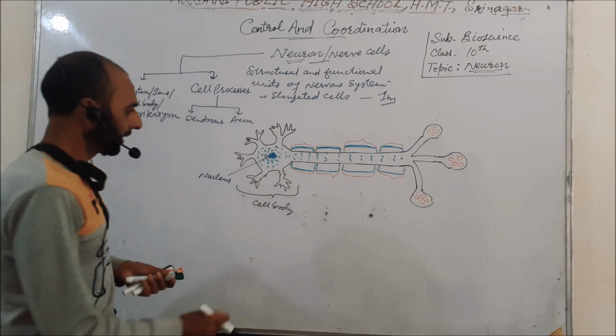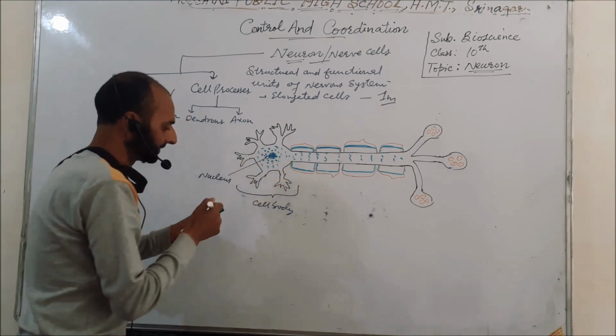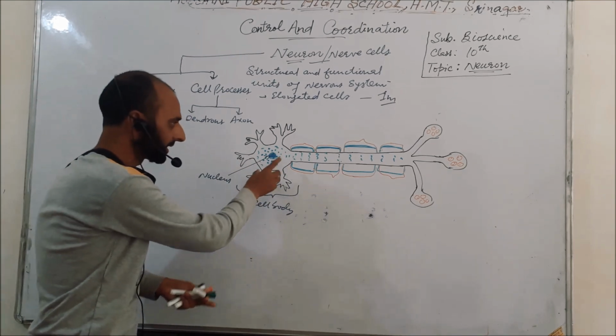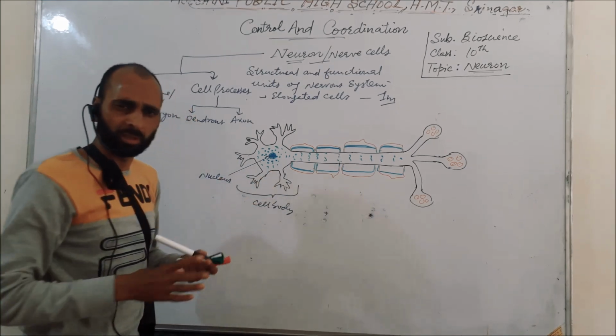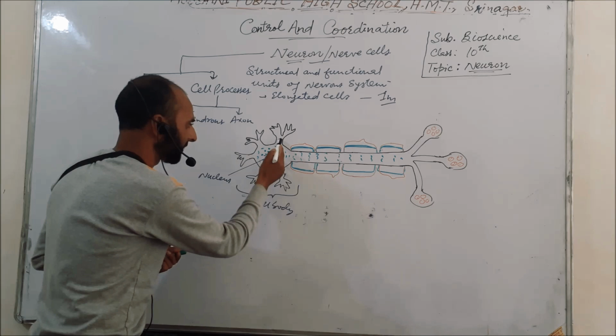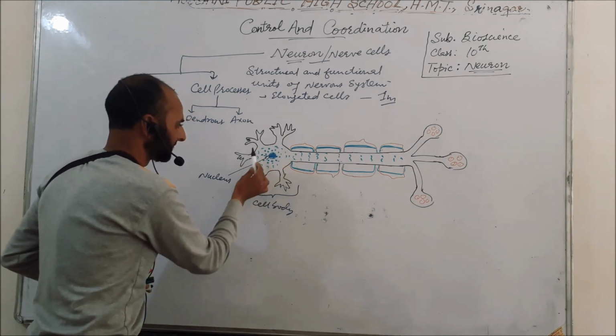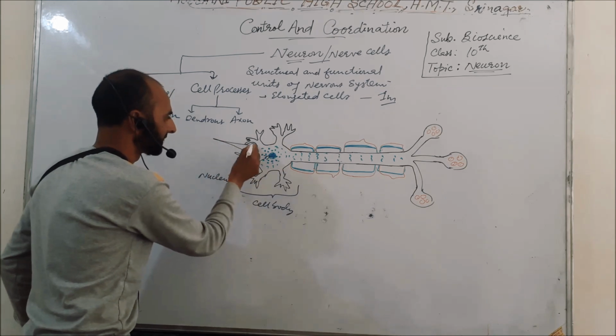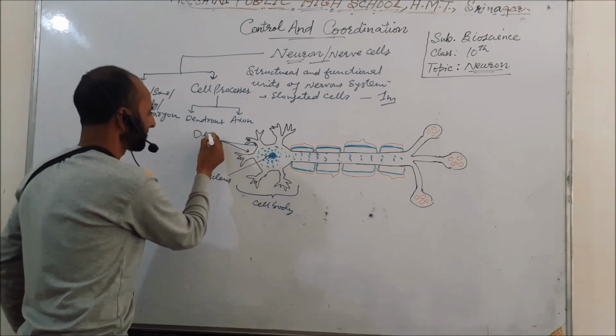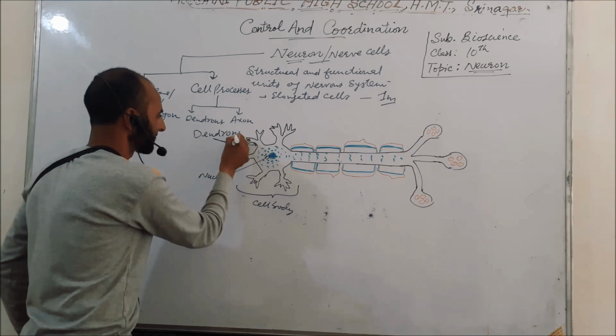Now, from the cell body, small processes arise. These are the processes. These small processes are called dendrons.